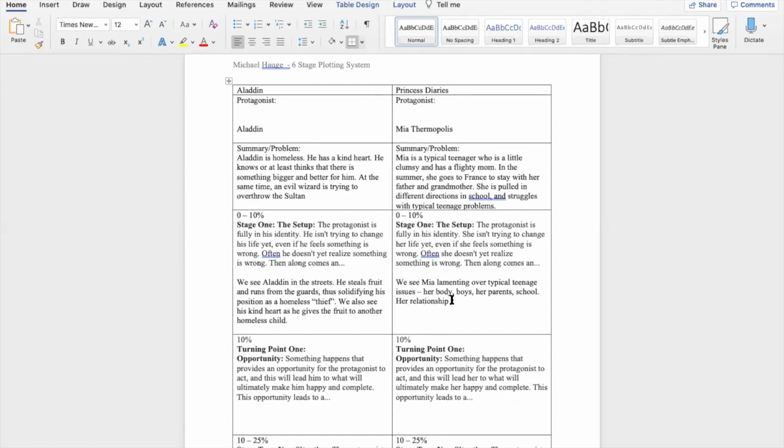Her relationship with her mom is atypical, and her relationship with her father is strained, right? And we really see her in her natural element. And again, for Mia, even more so than Aladdin, she doesn't realize that there needs to be a change, right? At least we're led to believe that she's pretty comfortable in the position that she's in. She has a crush on.